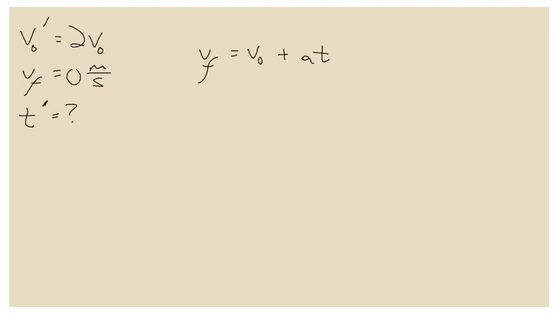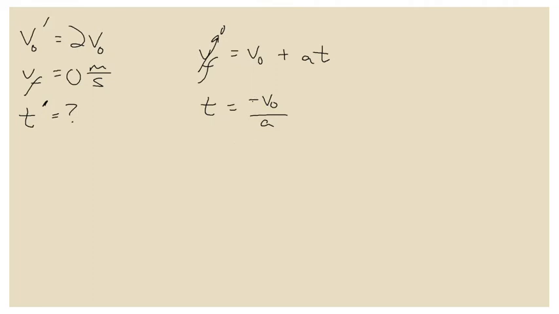Because notice, besides the acceleration, which is a constant, and the final velocity, which is a constant, the only other variable in there besides the time, which is what we're trying to see how that changes, is the initial velocity. And so to solve this for the time now, we get negative V naught over A.